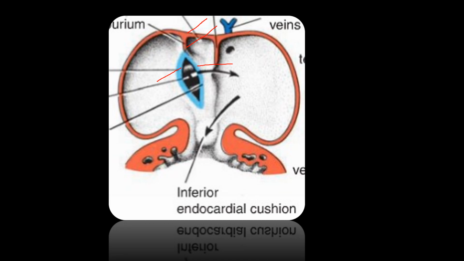So this is about the cephalic end. Now what happens to the caudal part? This caudal part of the venous valves meet together and here it forms a sinus septum.